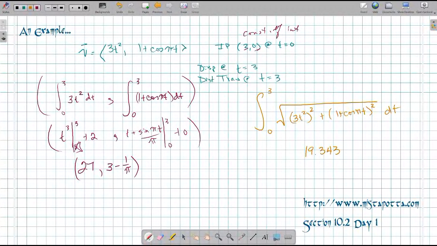Vector valued functions are very important, and if you continue in calculus, you'll actually see a lot more applications of vectors. But what we're talking about in this course is we're talking about it from a two-dimensional standpoint.